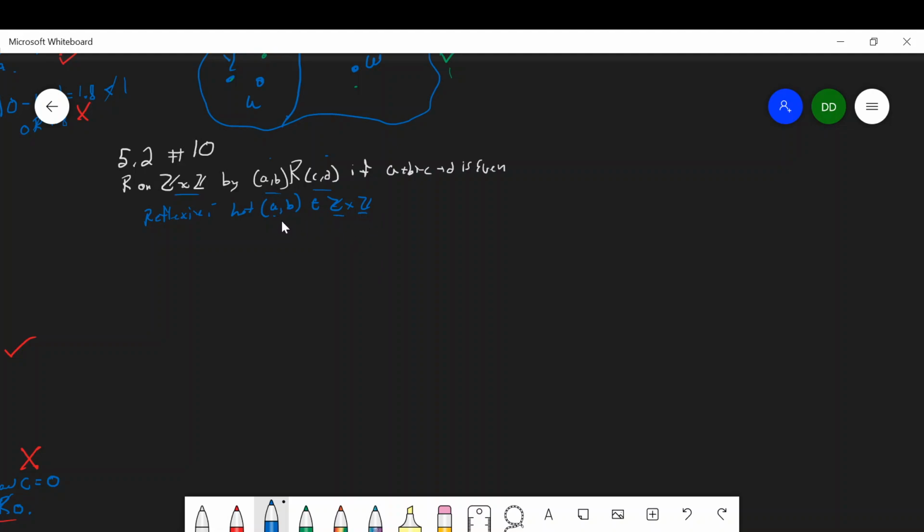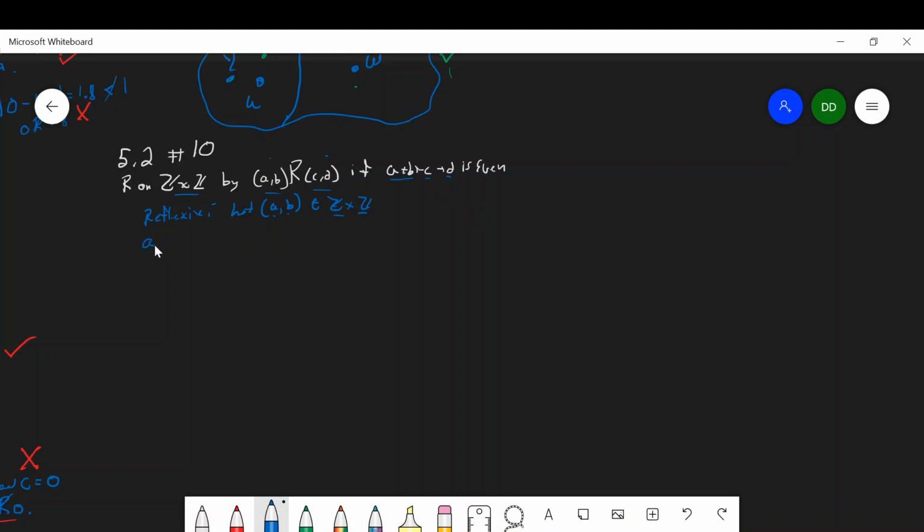So I have an arbitrary integer paired with an arbitrary integer like that. Now I want to check, is (A, B) related to (A, B)? If (A, B) was related to (A, B), I would have A plus B plus A plus B being even.